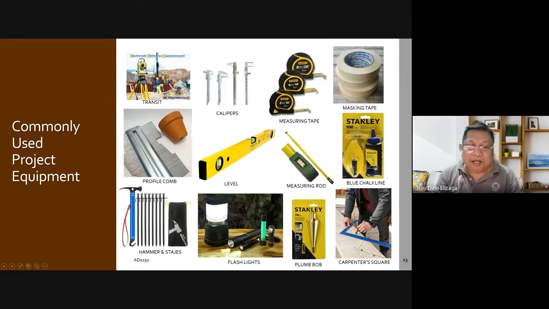The flashlights. My favorite here, which I find really very helpful, is the headgear, the headlights. You put that on when you go, for example, inside an attic where it's very dark. Most of the time your hands are filled, with a clipboard on one and the pen on the other, so it will be difficult to keep on holding a flashlight.